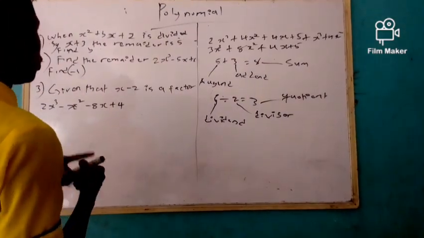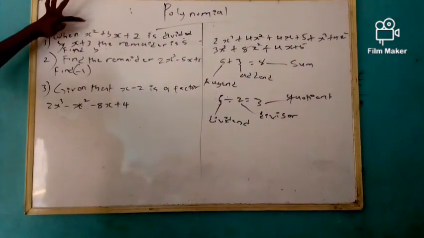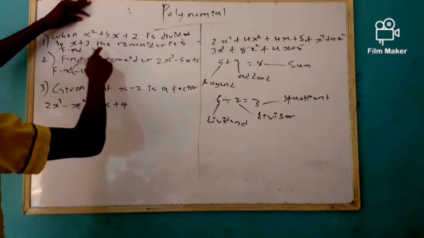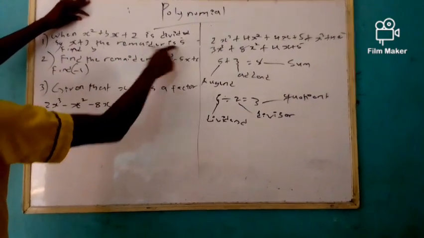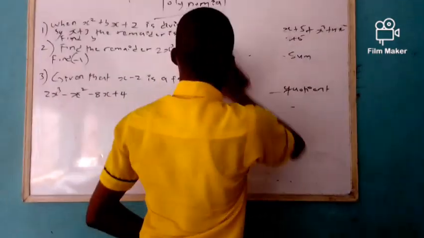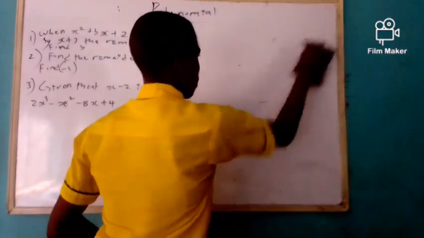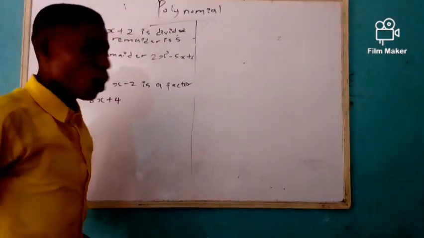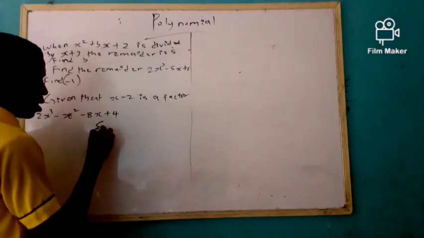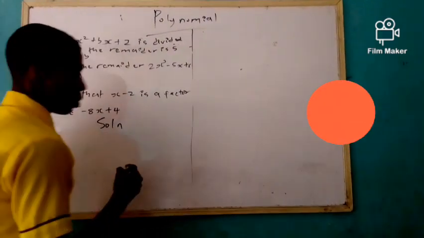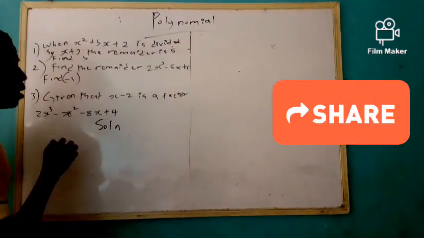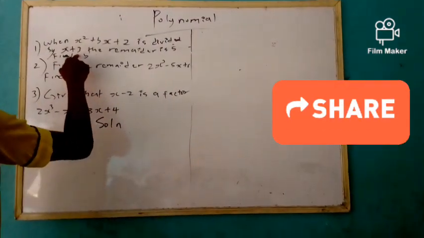Now, looking at this first question, it says when x squared plus bx plus 2 is divided by x plus 3, the remainder is 5. Find b. On questions like this, let's say I write the solution here. You should divide by x plus 3.